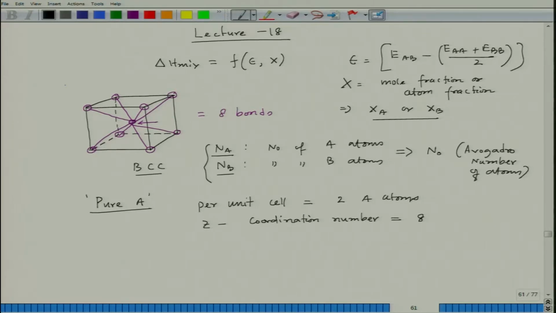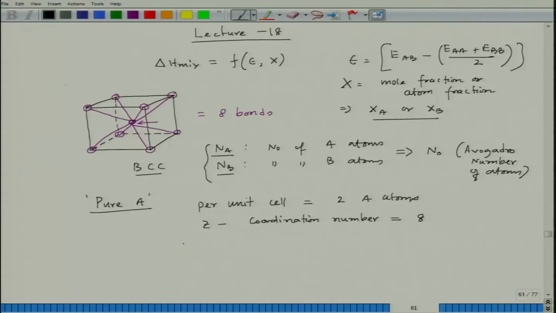Since forming one AA bond needs 2 atoms, the contribution towards formation of that bond per A atom is half.